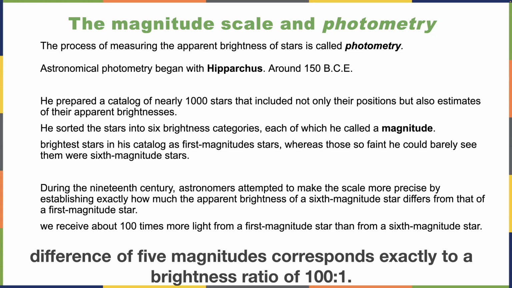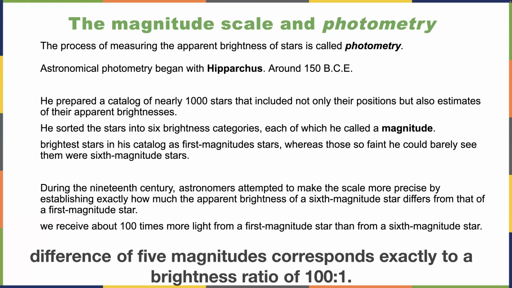He gave those stars the number 6, the 6th magnitude stars. So his magnitude scale is between 1 and 6. The brightest stars he gave a number 1, and the faintest stars he gave a number 6, right?